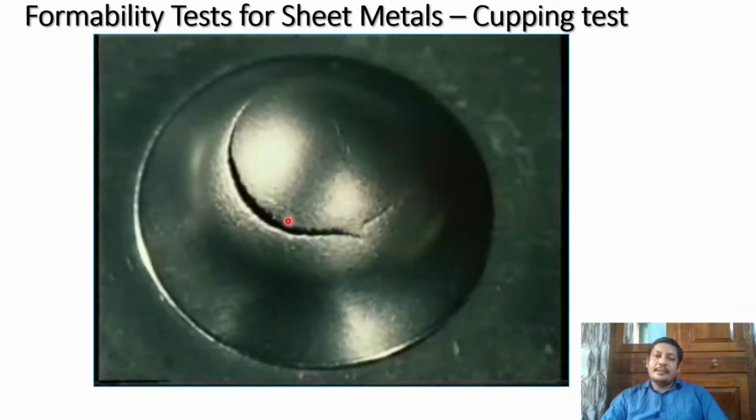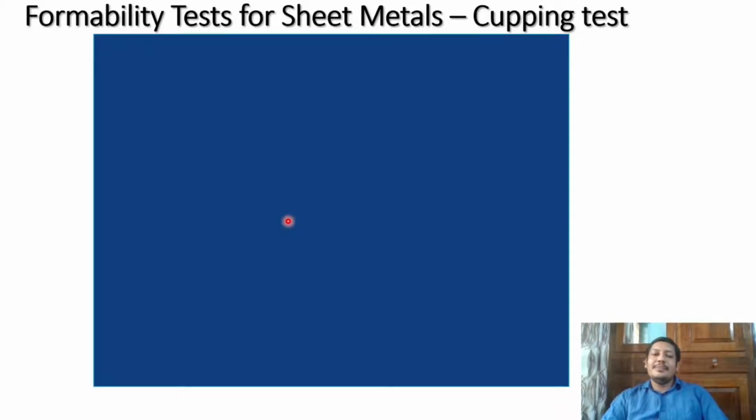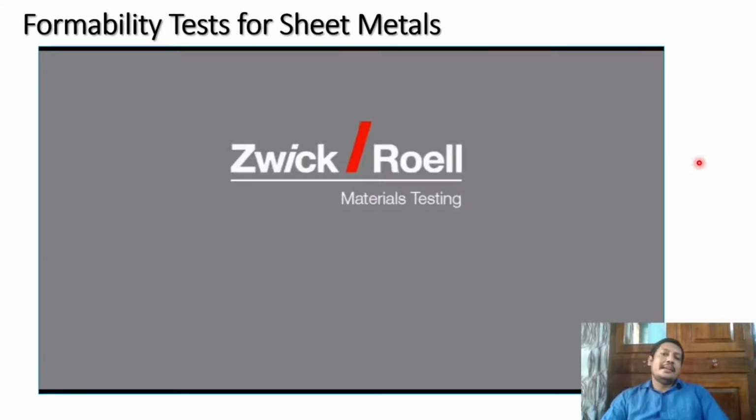You can see the 3 stages shown over here, where the deformation is going to start, and the final fracture is also shown. A little more detailed study from a machine manufacturer, that also I'll run for you, so you can have a clear understanding of what is basically happening over here.